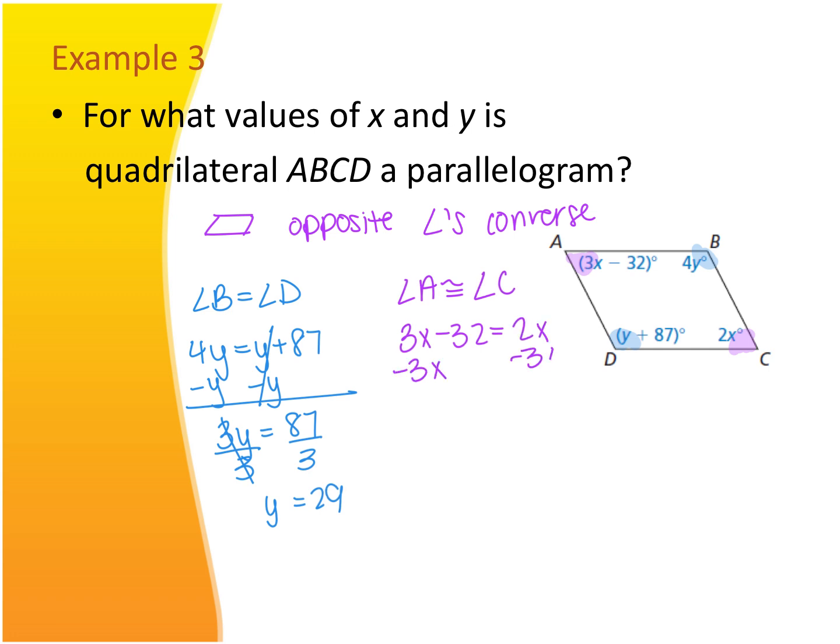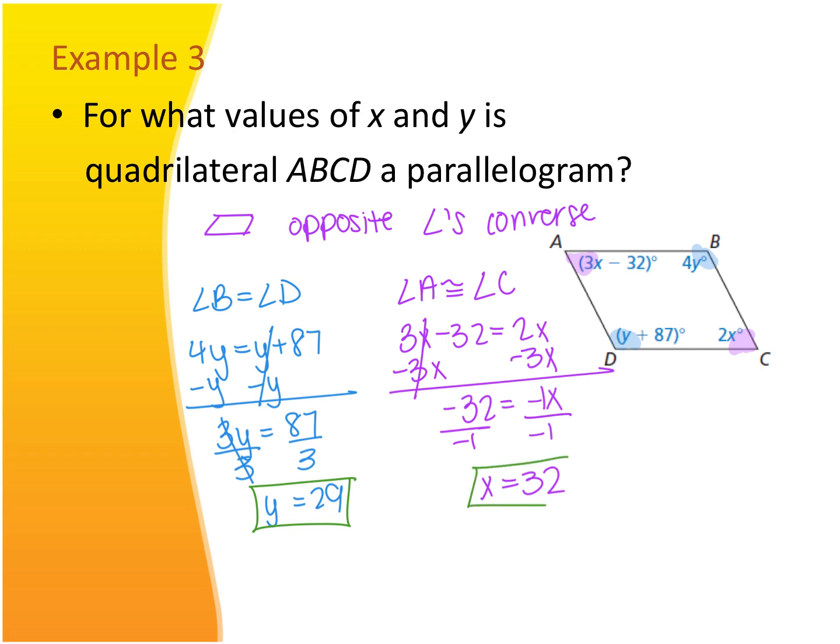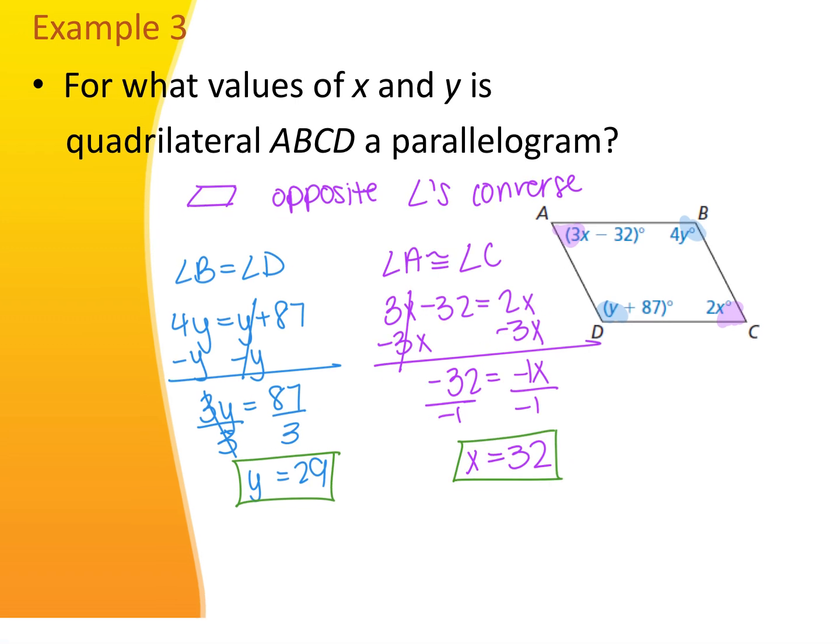Subtract 3x from both sides. Negative 32 equals negative x. I can't have a negative x, so I'm going to put a 1 in front of my x. I have negative 1, so I'm dividing both sides by negative 1. x is going to equal 32. So I have my answers here. x is 32 and y is 29.